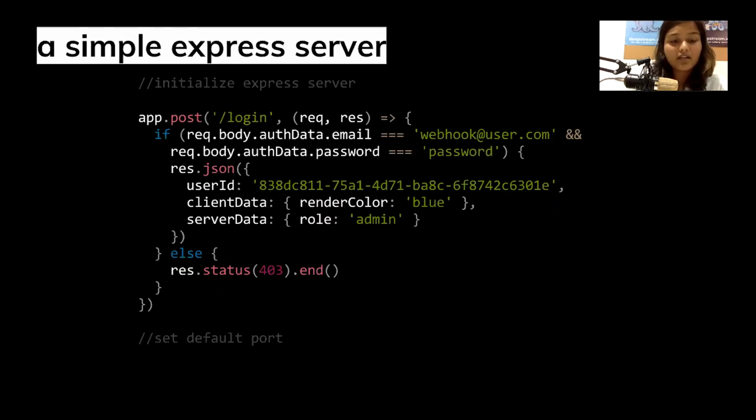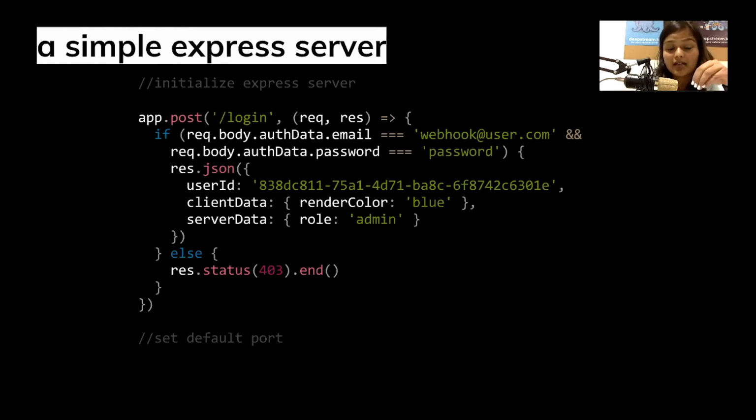Now, if the Deepstream server is doing a post request on the login path, you have the request and the response. And my server is now checking if, inside the body of the request, I have the auth data, with the email part of that auth data as webhook@user.com, and the password as password.